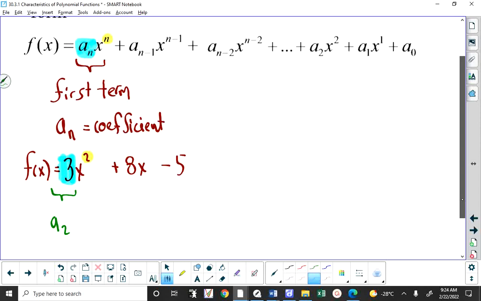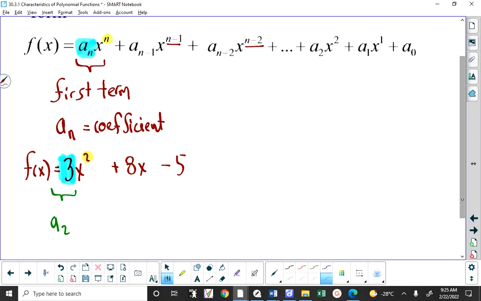So a polynomial function is any function that looks like that. You'll notice the exponent on x drops by 1 to get to the next term, where it becomes n minus 1. Then it drops by another 1 to become n minus 2. And then it keeps dropping until you get down to something times x to the 1.